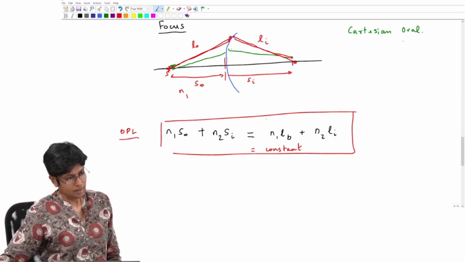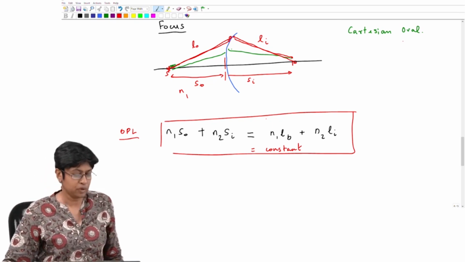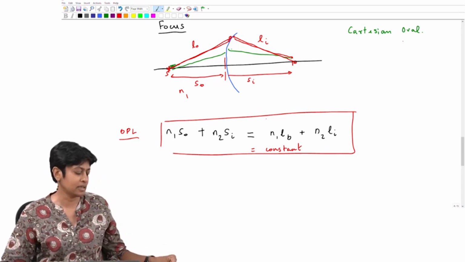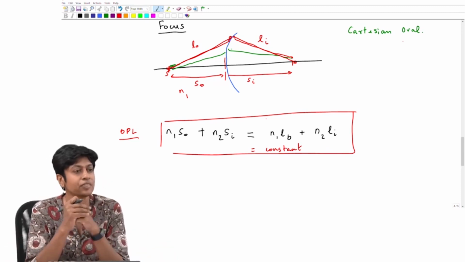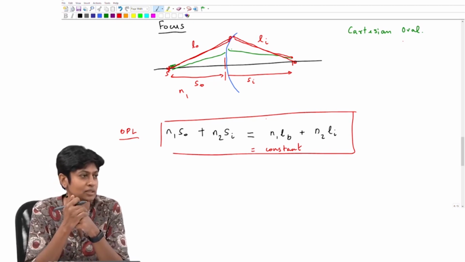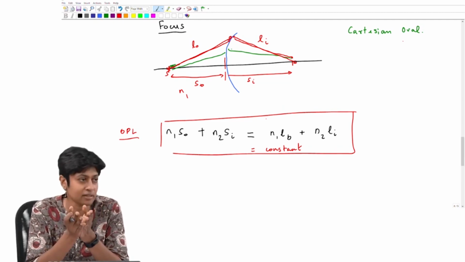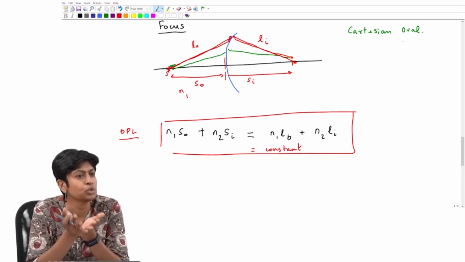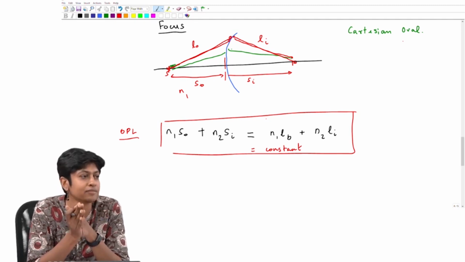Okay. Now, I can see a number of you wear glasses. I am wearing reading glasses. Do you think the curvature of those glasses, are they Cartesian ovals? No. So, somebody is saying no. That is right, they are not Cartesian ovals. Do you know what shape most lenses have?